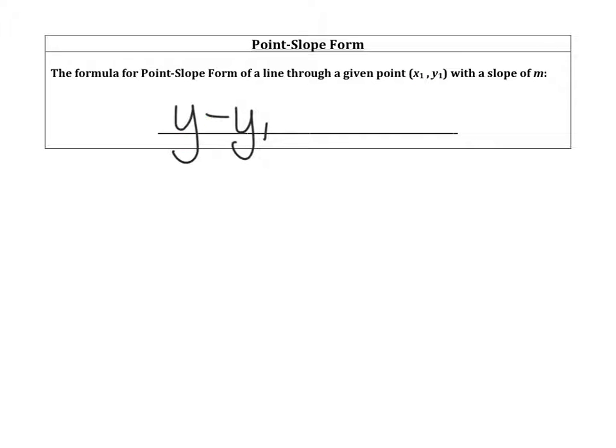So it's going to be y minus the y coordinate of the point that I was given equals m times x, which is just the variable x, minus x1, which is the x coordinate of the point that I was given. So again, it's y minus the y coordinate of the point I was given equals m, which we know how to find, either y minus y over x minus x, or like rise over run, times x is just the variable, minus the x coordinate of the point I was given.